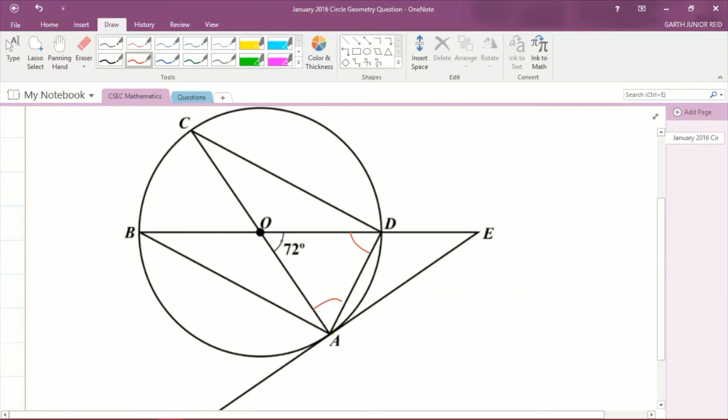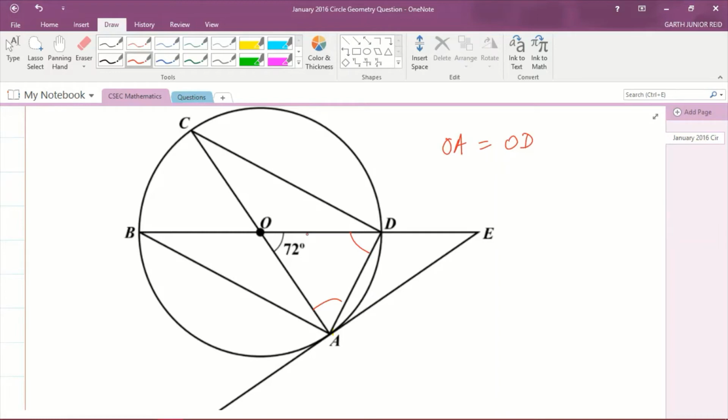So it means that OA and OD, those two lengths, are equal. How do I know that? Because OA and OD are 2 radii, and those radii must be equal. So OA and OD must be equal because they are the radius of the circle.